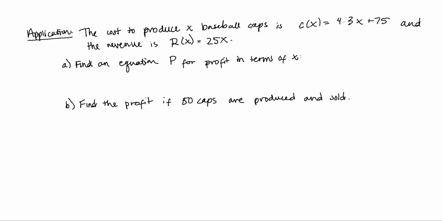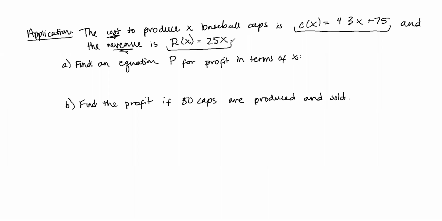So we're told that the cost to produce X baseball caps is C of X equals 4.3X plus 75. And the revenue is R of X equals 25X.